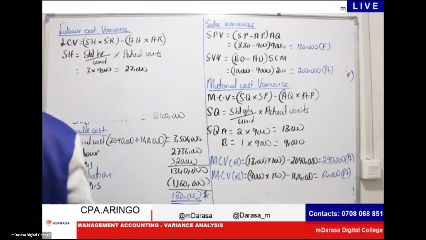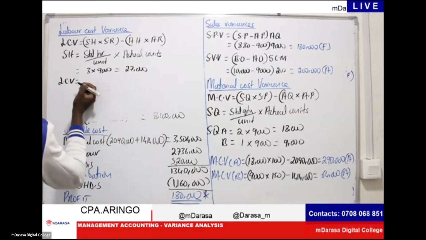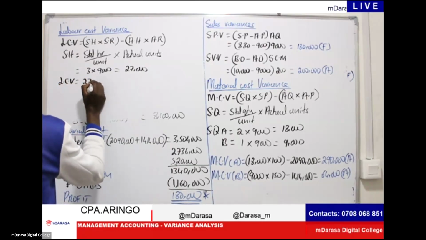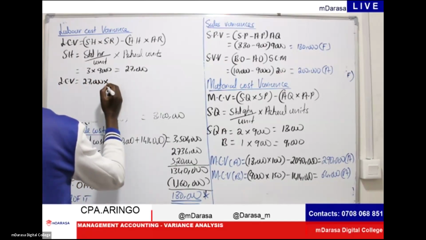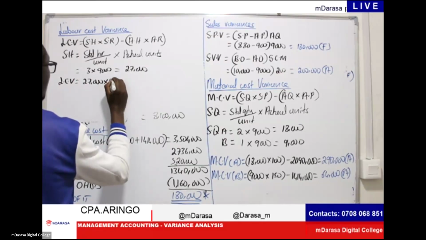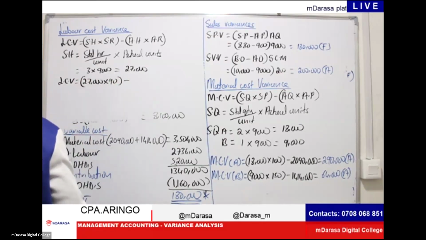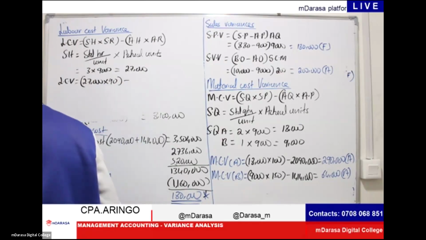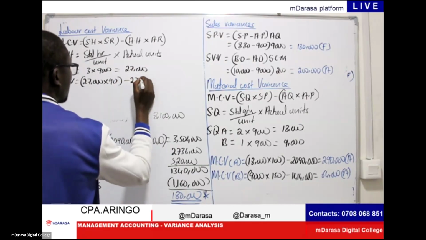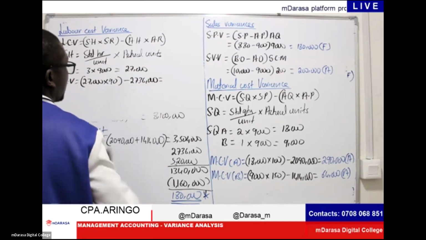So my labor cost variance, with a lot of confidence, you can say, is 27,000 by our standard rate, which we're given as 90 per hour, less the actual labor cost that we paid, which we're given as 2736 directly.